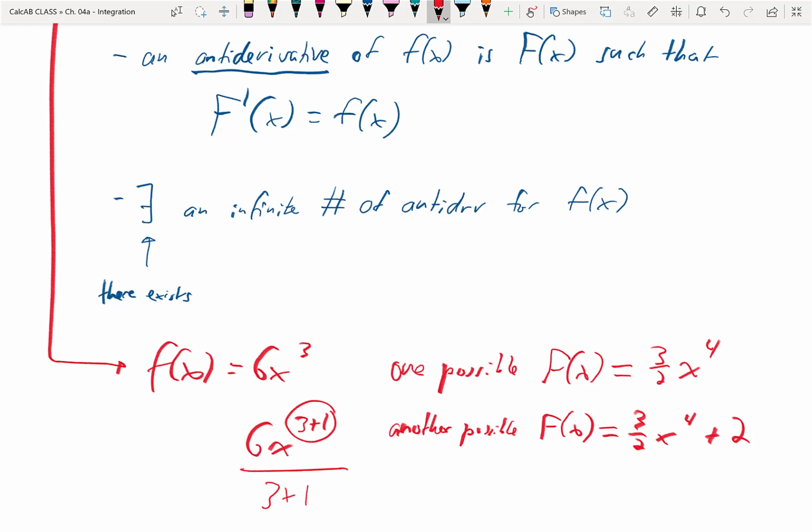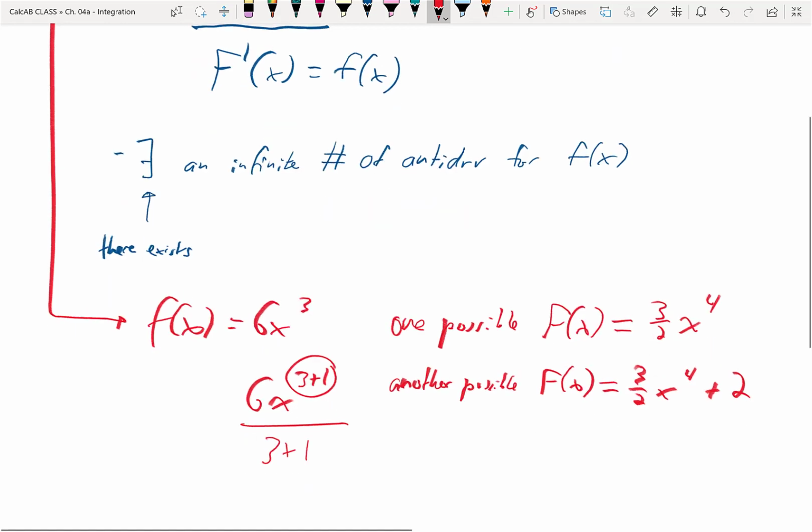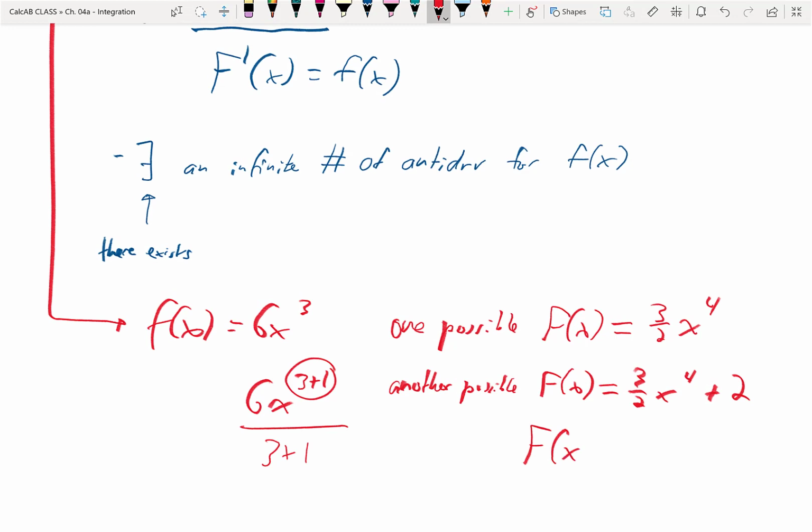Now do you see why there are an infinite number of them? The general one is to say F of x is equal to 3 halves x to the 4th plus c, which represents a constant. Because what's the derivative of a constant? 0.